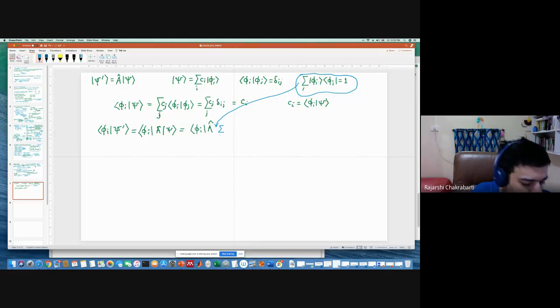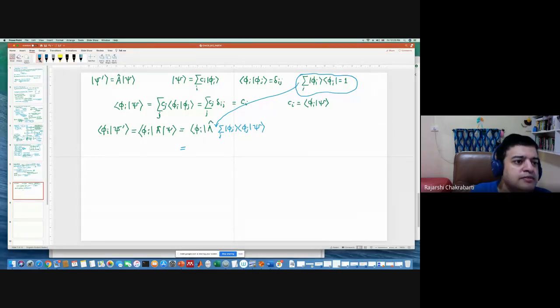I'm using a different j here, phi j. What I have done is just multiplied the whole thing with 1, so it does not change, because the definition of 1 is shown here, which I have already showed you.